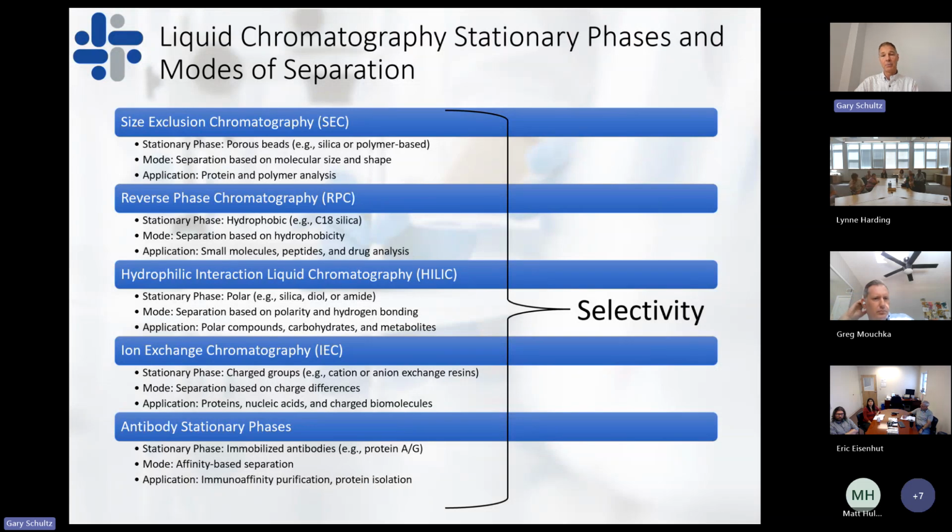So for the most part, we use reverse phase chromatography combined with mass spectrometry. But to clean up those samples, we'll use an ion exchange cartridge in the wet lab and separate the target analytes using ion exchange, or we use a HILIC-based solid phase extraction modality, and then use that in combination with reverse phase or size exclusion.